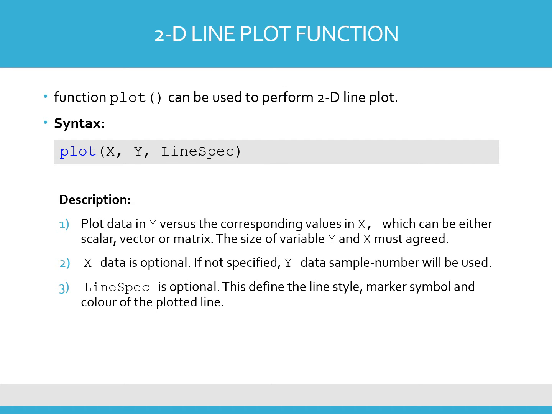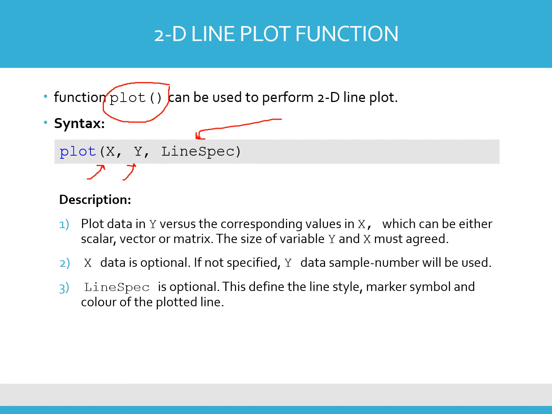To do a plot in MATLAB, you only use this code. Easy. Just write plot, and inside there you put the x data. You have the x variable, you have the y variable. This one is the setting.